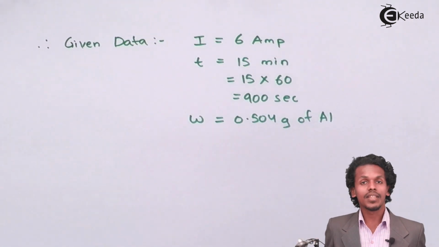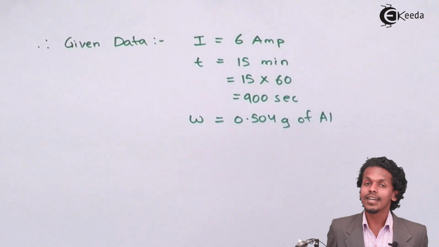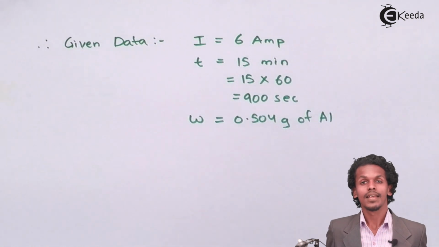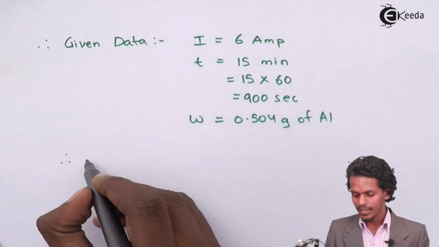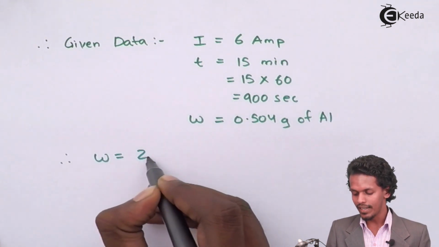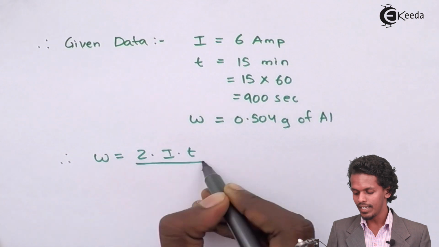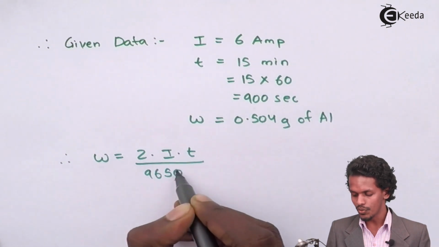So every data is with us, but the one which is not with us is the equivalent weight. We can calculate it by the formula W is equal to Z into I into T divided by 96500.